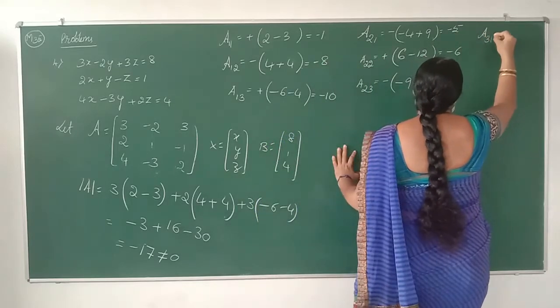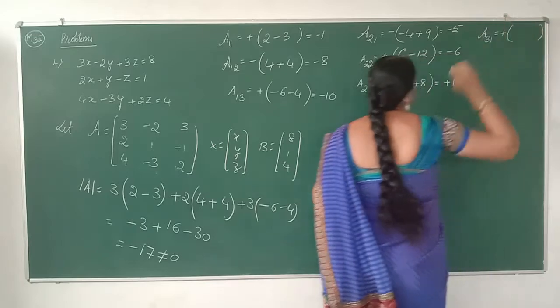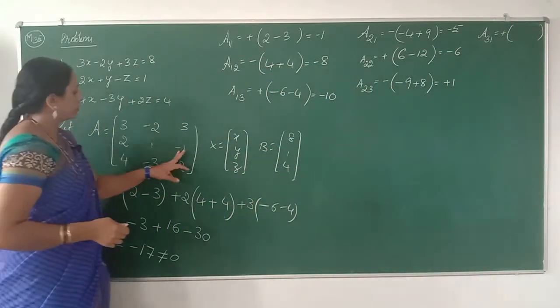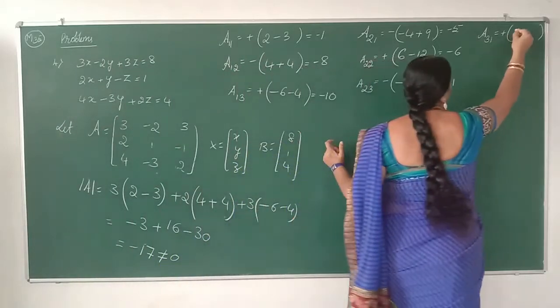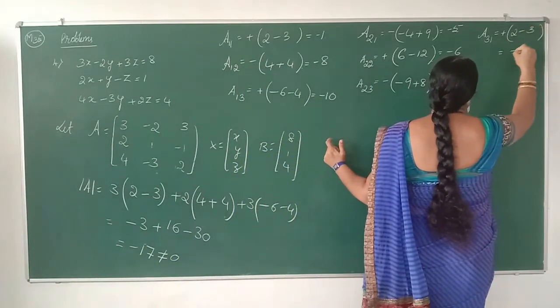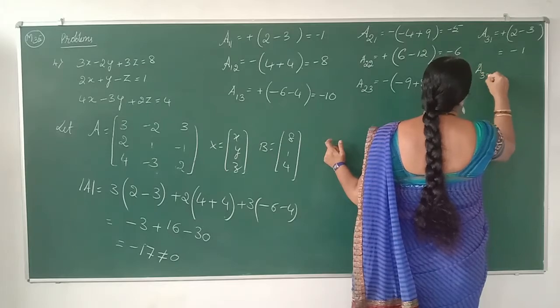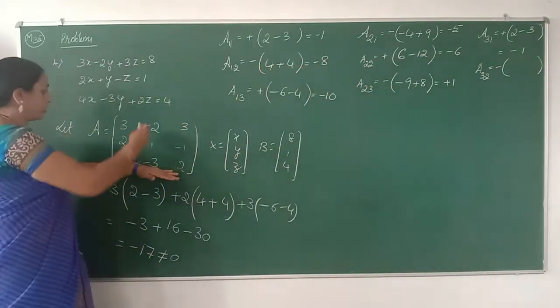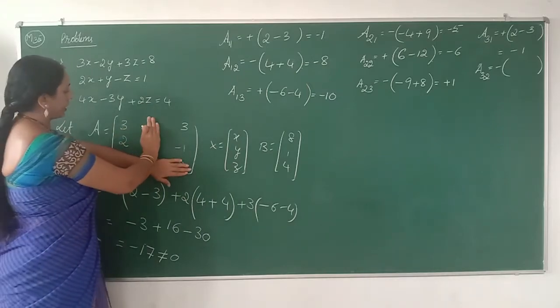Then A31, multiplied by plus, an element of third row, first column. So 2 minus 3 is minus 1. A32, multiplied by minus, an element of third row, second column, and these get neglected.